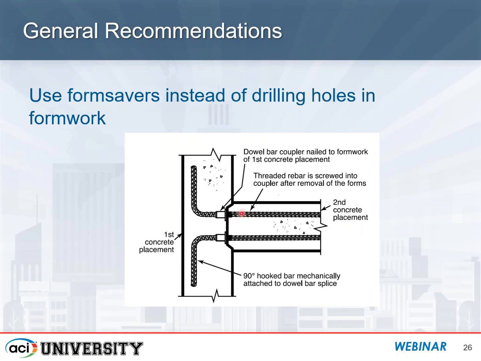So instead of drilling holes in the formwork and having your hook bars sticking out, these form savers, as the name suggests, save a lot. And these are embedded in, they're nailed to the formwork, and then your other bars basically get screwed into those dowel bars that are already in the wall.